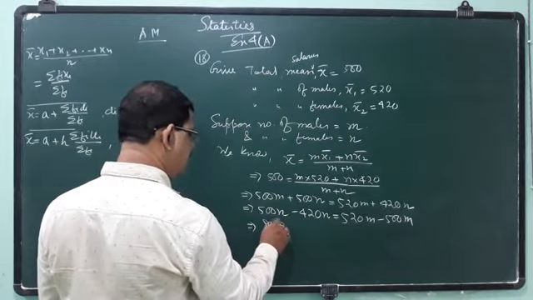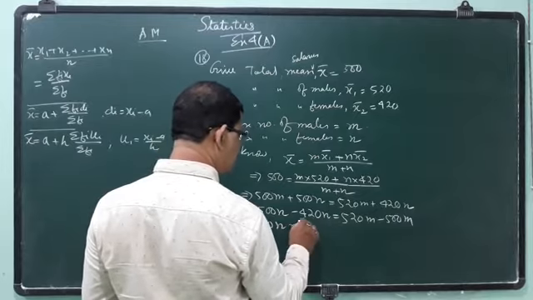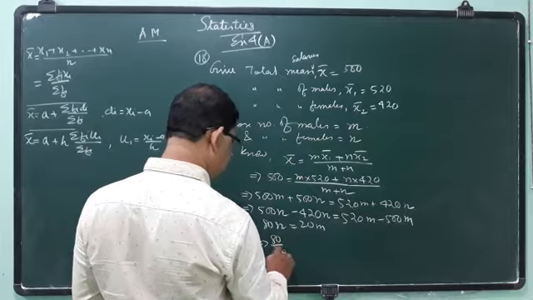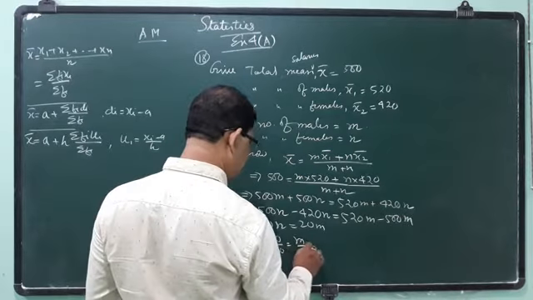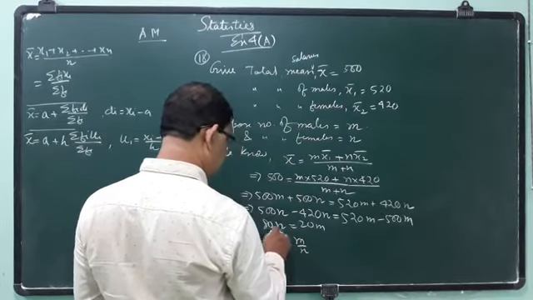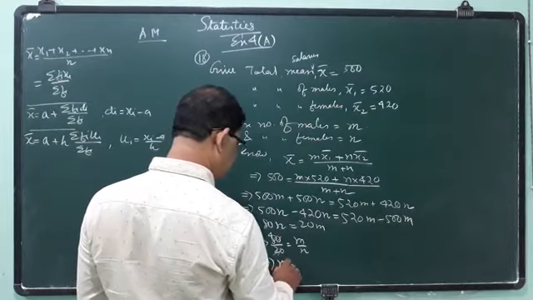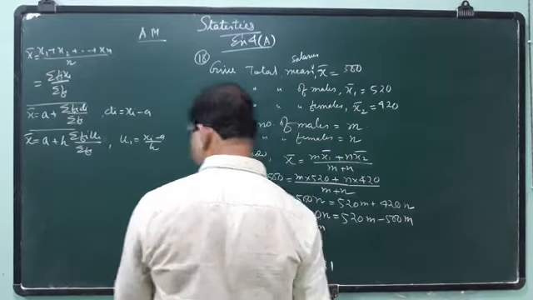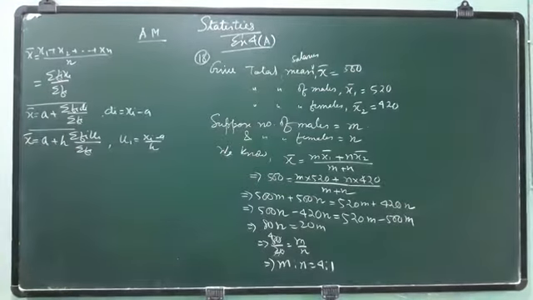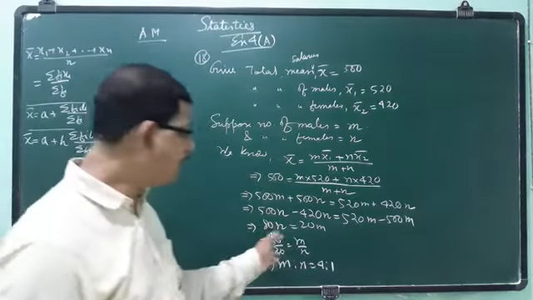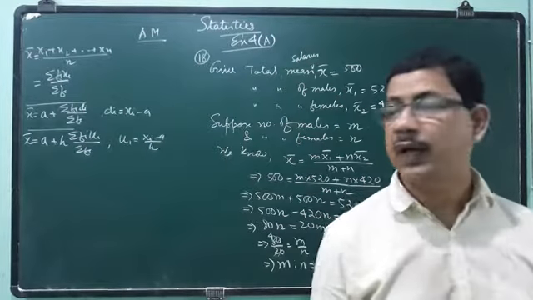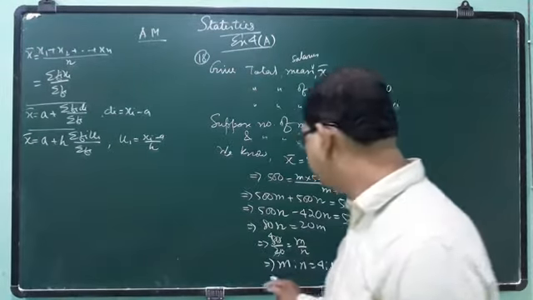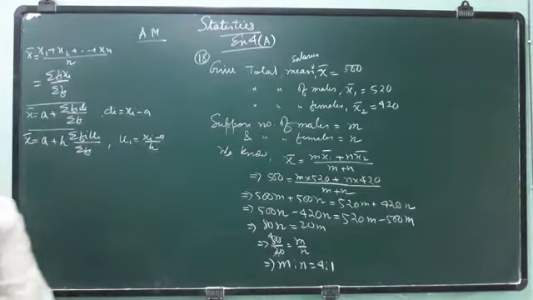Here we get 80n and here 20m. So we get 80 by 20 is equal to m divided by n. So we get m is to n, that is 4 is to 1. So the number of males divided by number of females we have calculated in this procedure, and that is the procedure we can do as our simple one.